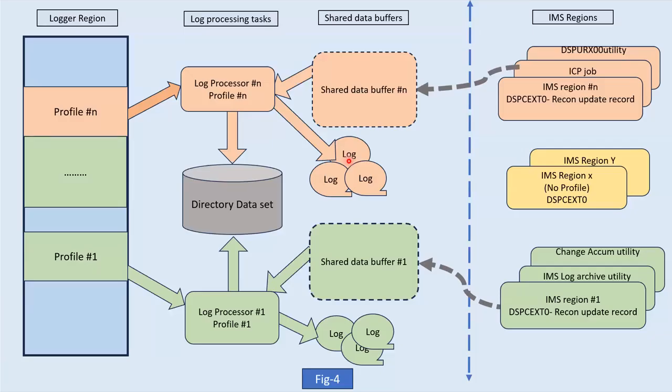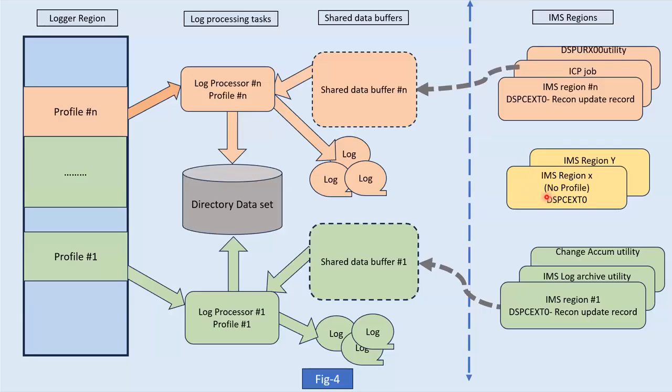On the right side in the middle, we have this IMS region Y or X. In yellow, that one, we didn't define a profile for. So what happens, since that exit program is in your STEPLIB? The first time any update request comes from IMS region X or Y, our exit will get driven.